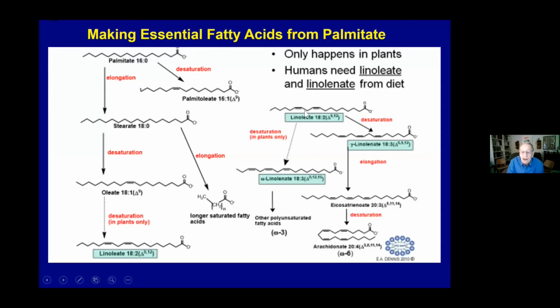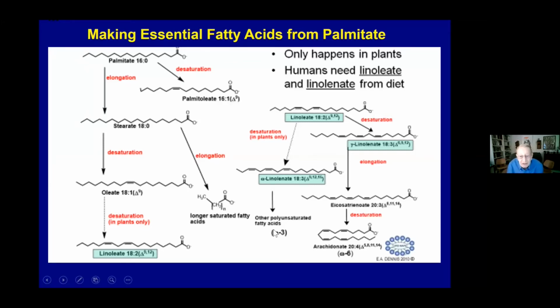But there's another set of important fatty acids, the so-called omega-3 fatty acids, present in fish oil. Now, they're derived from linoleate also, but only plants can put a double bond at position 15 to make alpha linolenate and other polyunsaturated fatty acids of the omega-3 variety.